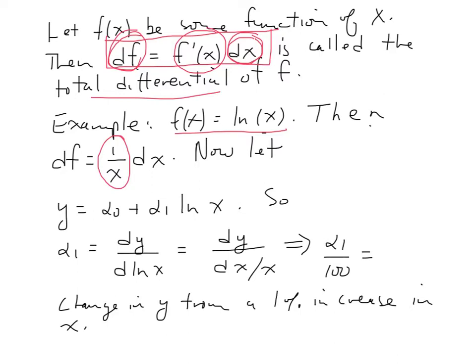To plug this into the total differential language, we follow this formula here. So we end up with df equals f prime, that's 1 over x, times dx. So we can think about 1 over x as the rate of change of f with respect to x, and when we multiply that times dx, we get the total change in f that resulted from a change in x. That's one way to think about it.